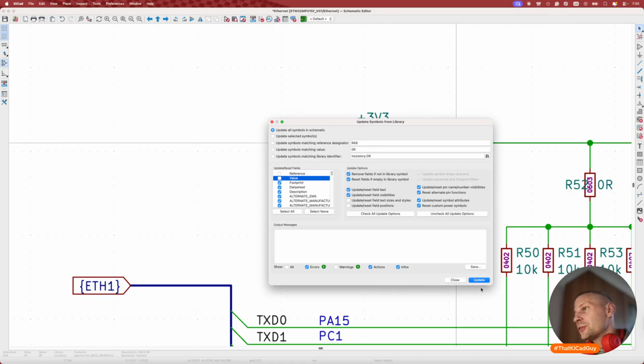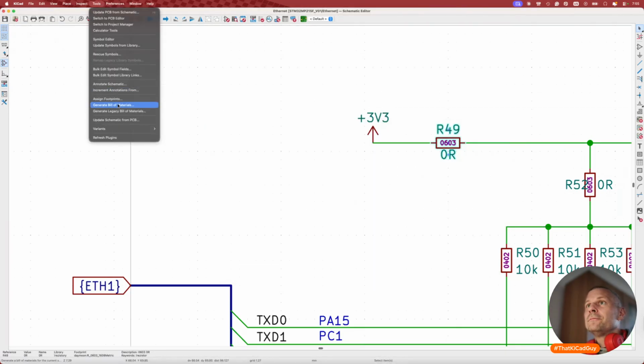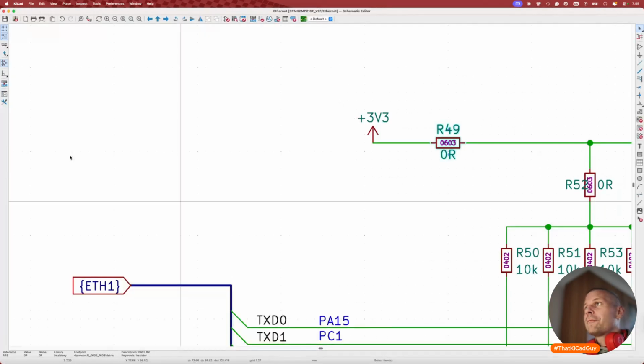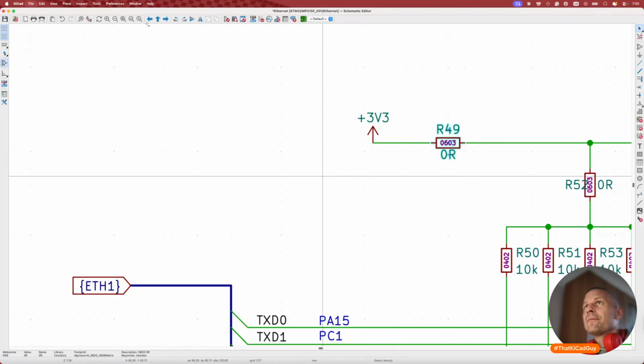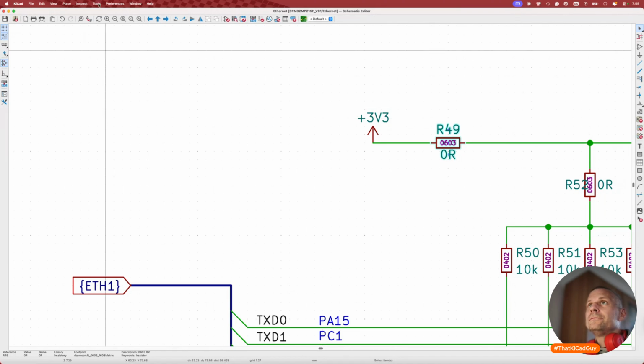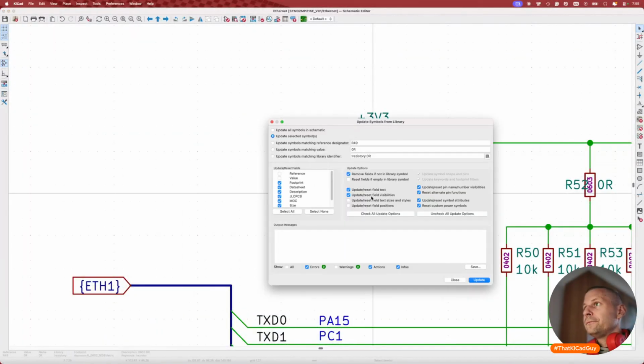Okay, so let's try this update. Okay, and let's call the BOM tool again. BOM tool is closed. Still there. Okay, so let's try another thing. Let's try only remove, not reset. Update, but all symbols. Okay, let's get back to tools. Still there.